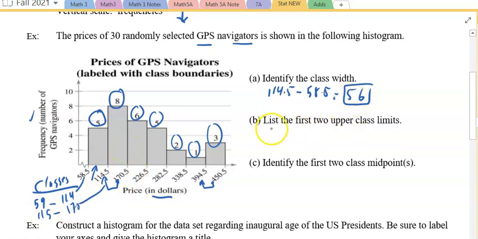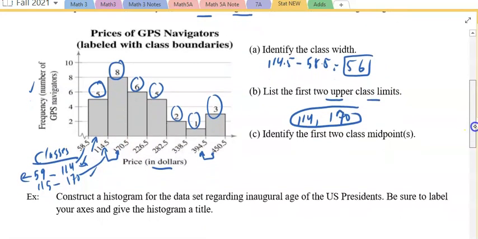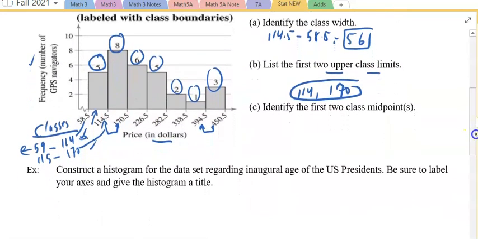So when it says find the first two upper classes, they're talking about 114 and 170. That right there. If you remember from last homework, we added 0.5 to each side. That's how we got the class width. Identify the first two class midpoints.